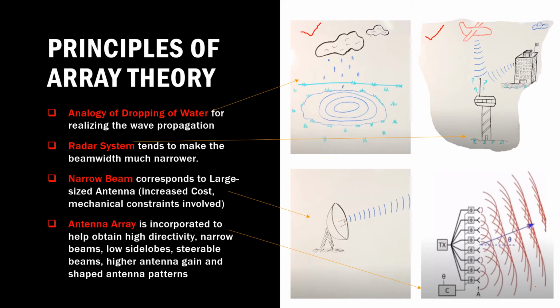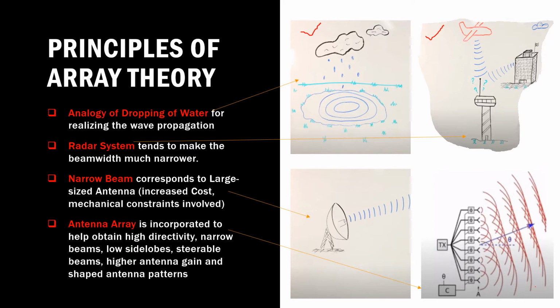So it's better if we configure the antenna of the radar system in such a way that the beam width is much narrower and the directivity is much higher. Then the aeroplane, for example, can be detected, and how much further it is can also be obtained.